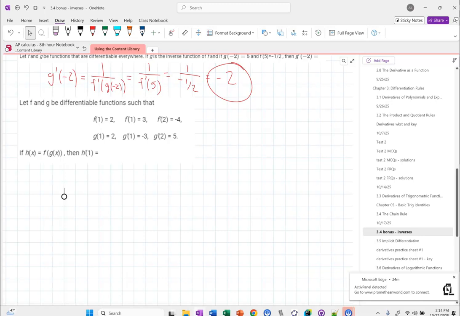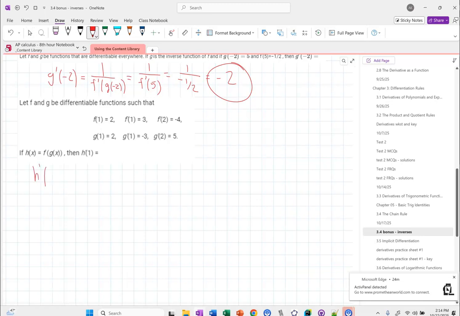No. Can you look at this information and tell whether they're inverses or not? Not really, right? Maybe they are, maybe they are not. Guess what? Doesn't matter.